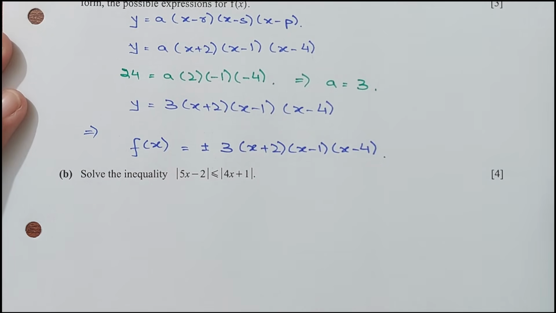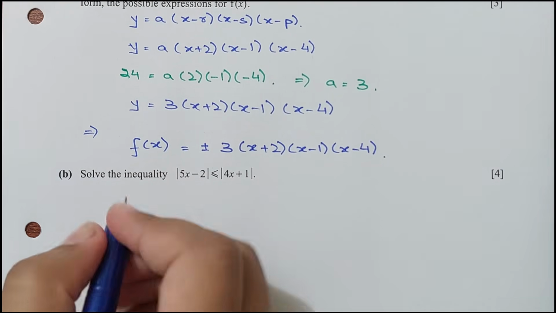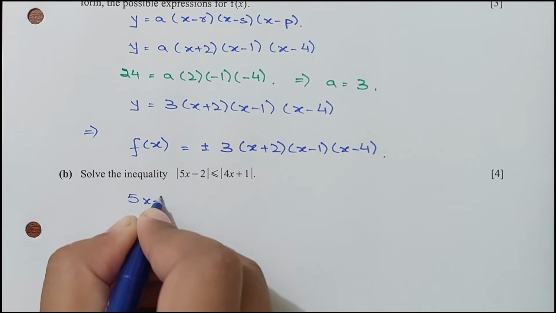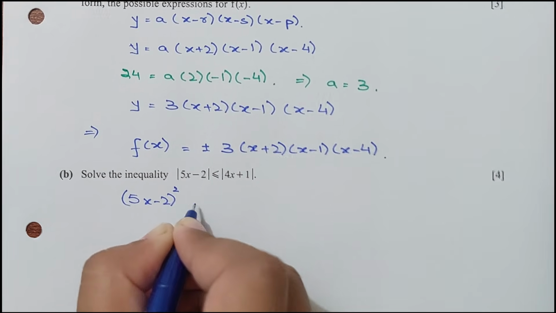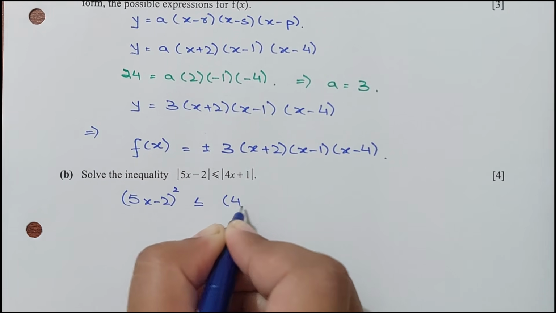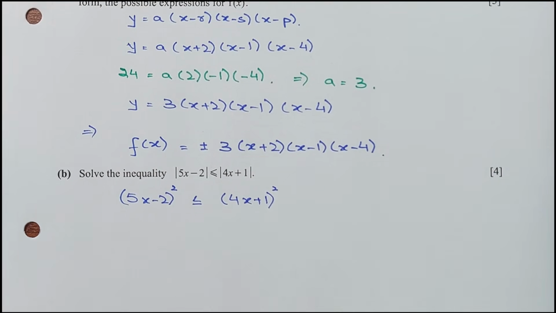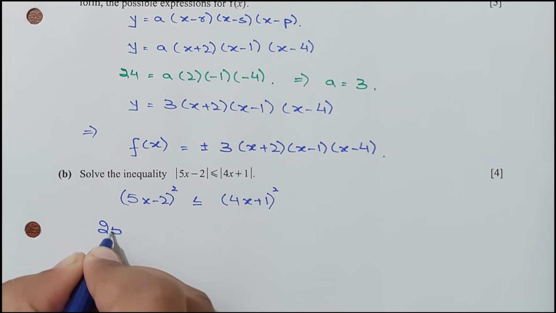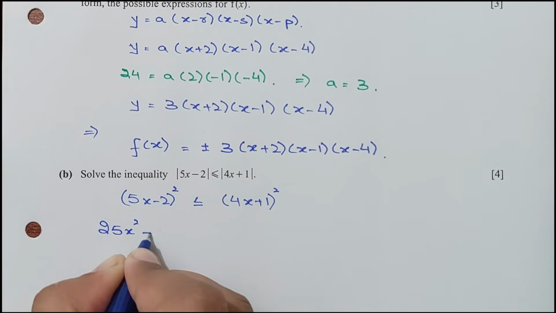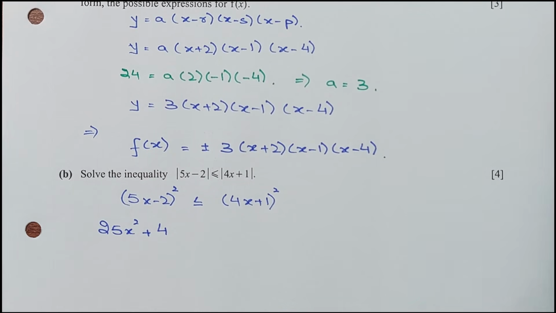So let me do squaring on both sides. Right. So we have 5x minus 2, this is plus minus, so take the square, less than or equal to 4x plus 1, which is also plus minus when you remove the absolute value, so take its square, right? So this is 5 squared is 25x squared, plus 2 squared is 4, right?